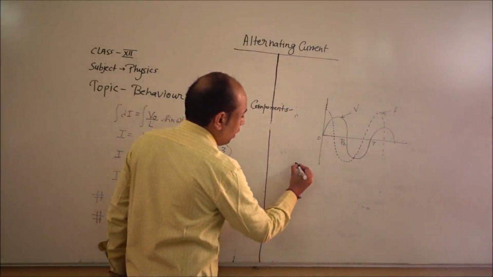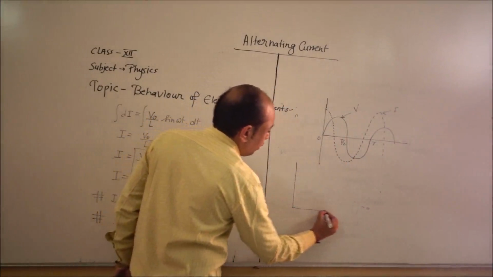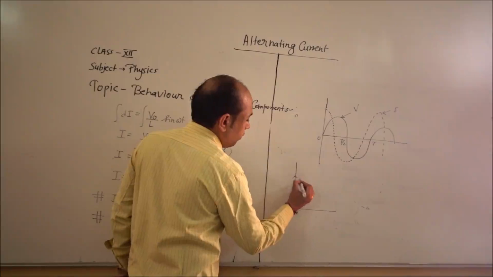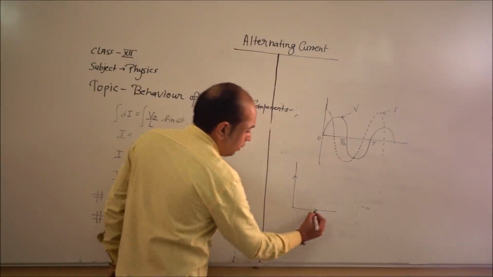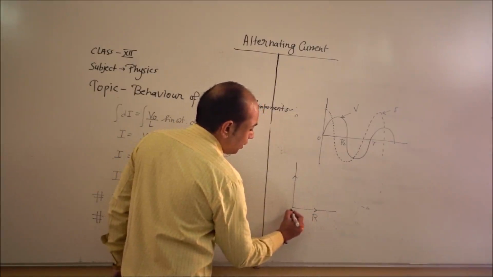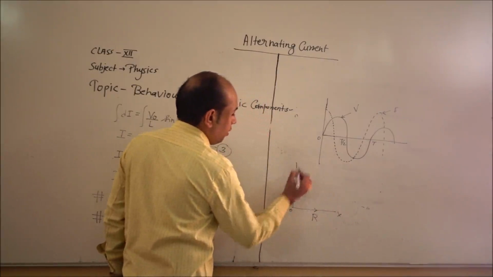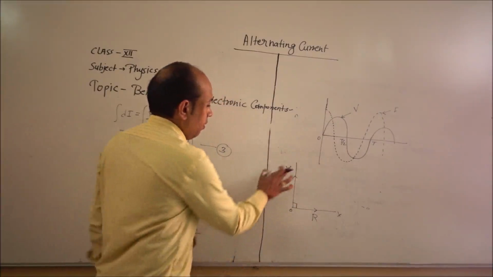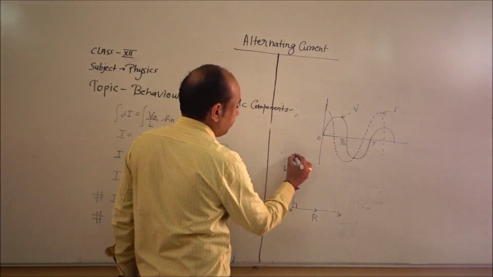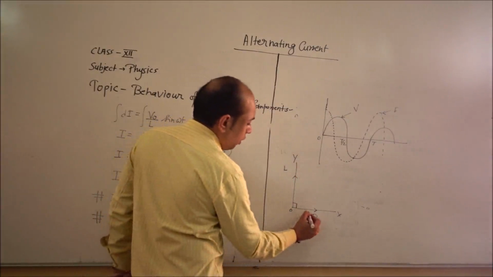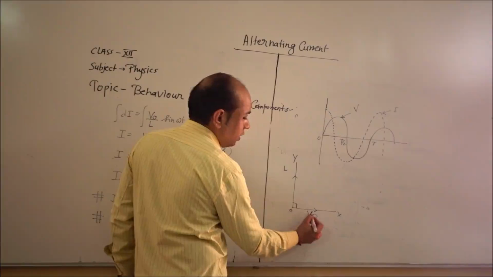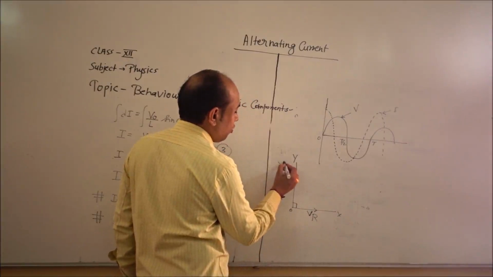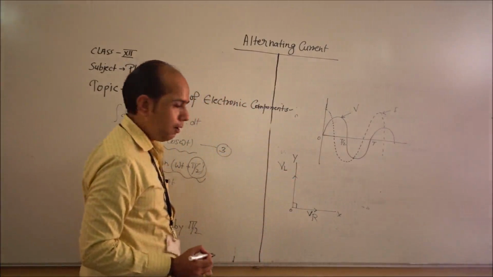Similarly, we draw one more diagram that is called a phasor diagram. So resistance is taken along the x-axis and because of pi by 2 ahead, inductor is taken along the y-axis. Okay. So voltage drop across resistance is VR. Similarly, voltage drop across inductor is VL.